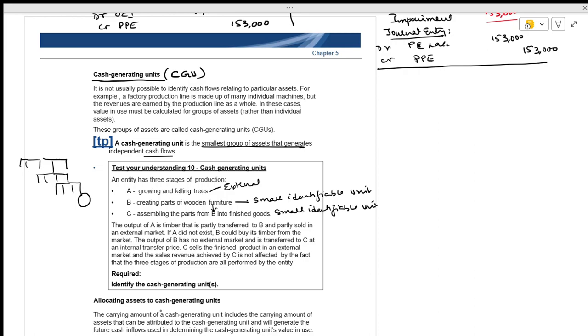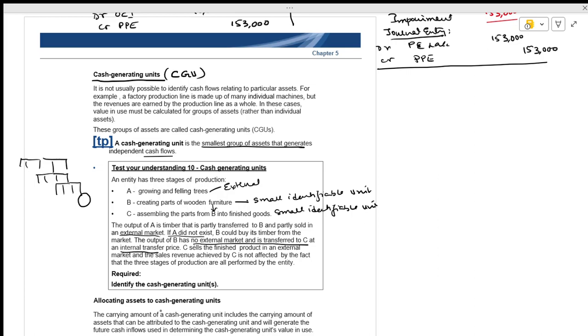The output of A is timber that is partly transferred to B and partly sold in the external market. If A did not exist, B could buy timber from the market. Means A is not only generating from external sources, but A is also providing inputs to the process B. The output of B has no external market and is transferred to C at an internal process.